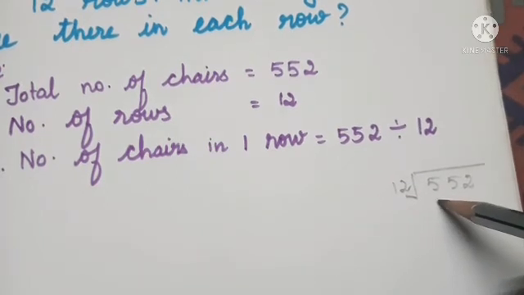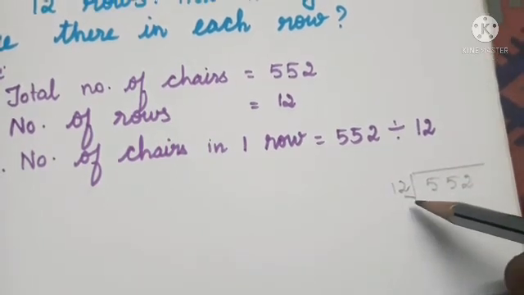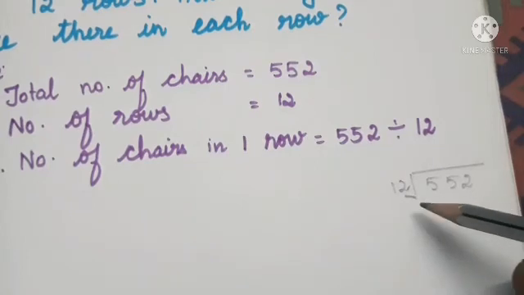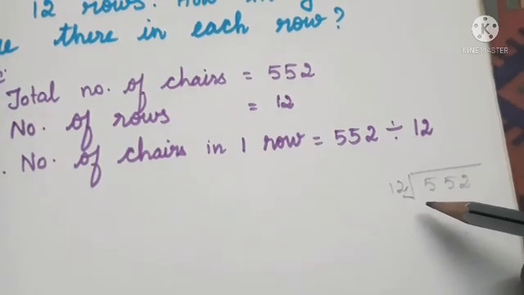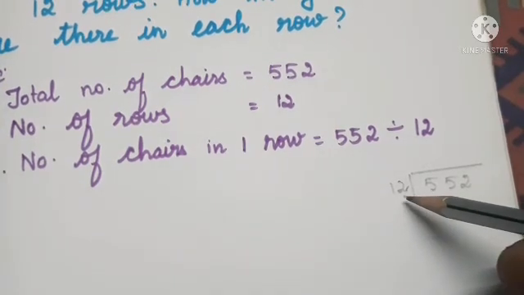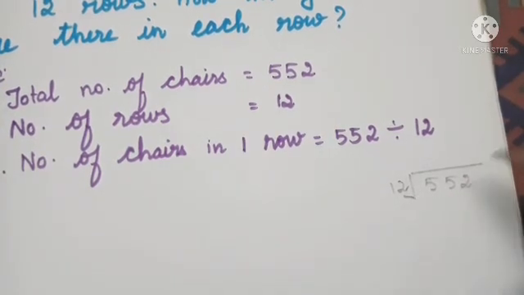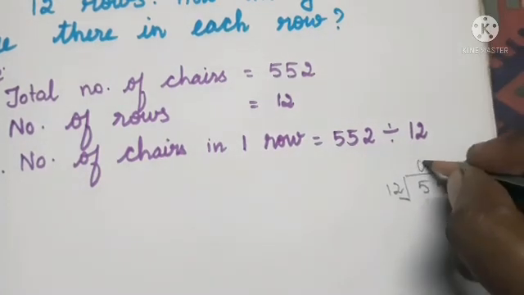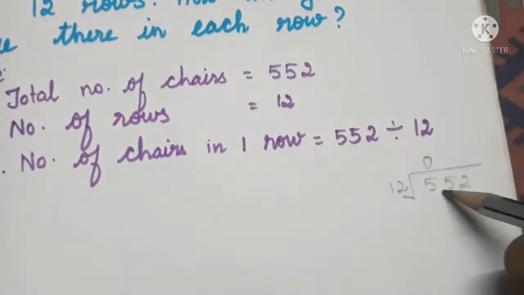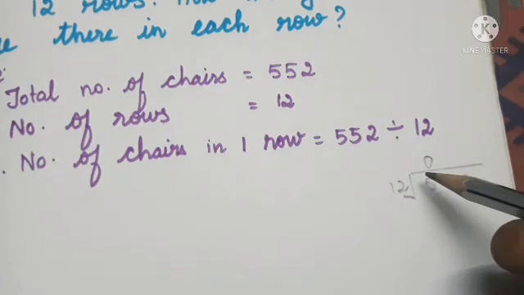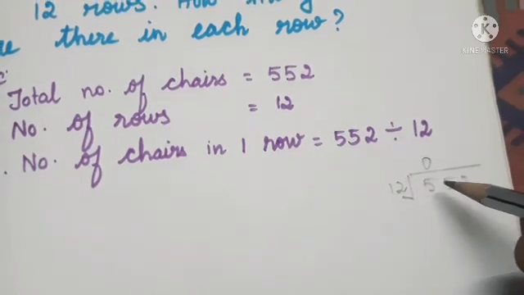In 5, how many 12s are there? There is no 12, isn't it? Because 5 is less than 12. So what we have to do? We have to write 0 in the quotient. If we are not able to do the division, we write a 0 in the quotient place value.